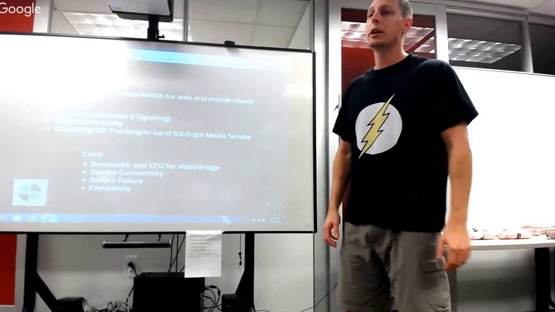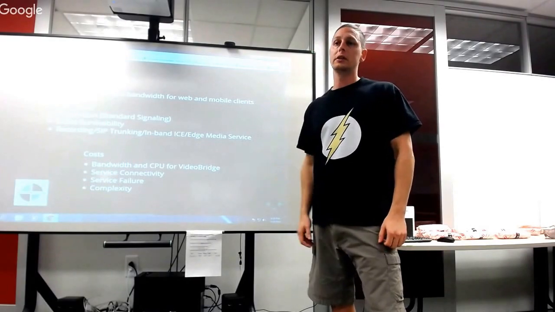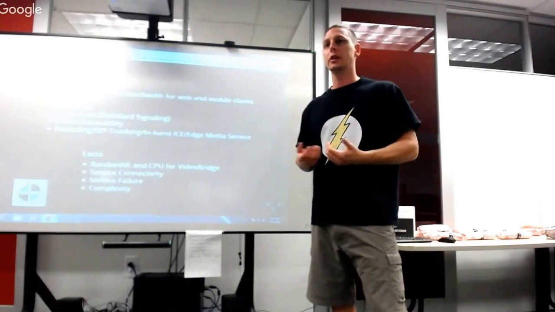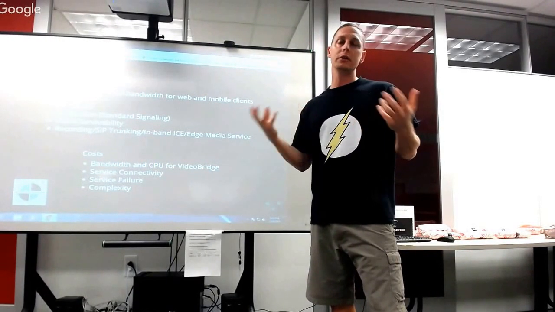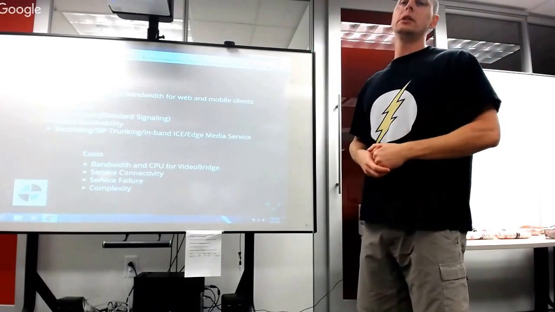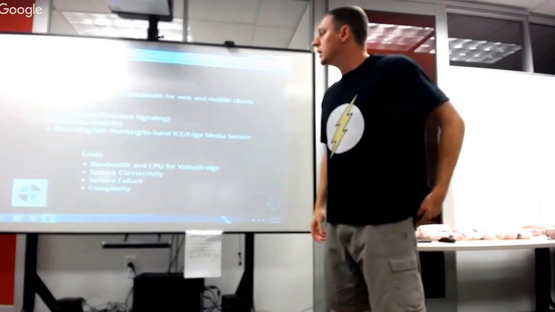So I wouldn't expect that to happen. It's going to be a very low probability, but we want to be able to handle it gracefully too. So by storing all the conference state in Redis, when a bridge goes away, we can have another one immediately come up and start to repair that conference. It remains to be seen how quickly and how reliably we can do that. That's the idea, though.